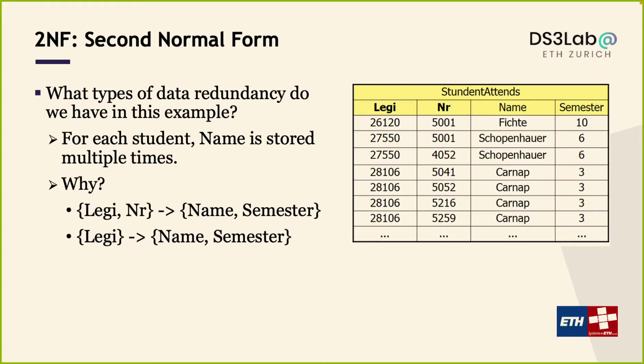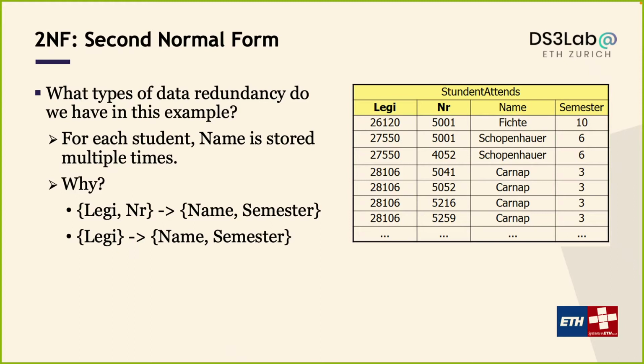Because the combination of student ID and lecture ID being the key actually implies that in this relation the student ID could appear multiple times. And because of the second functional dependency, the student ID decides the name and semester.